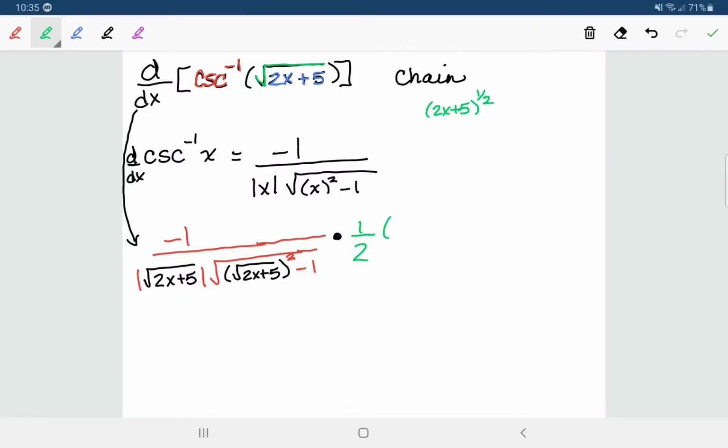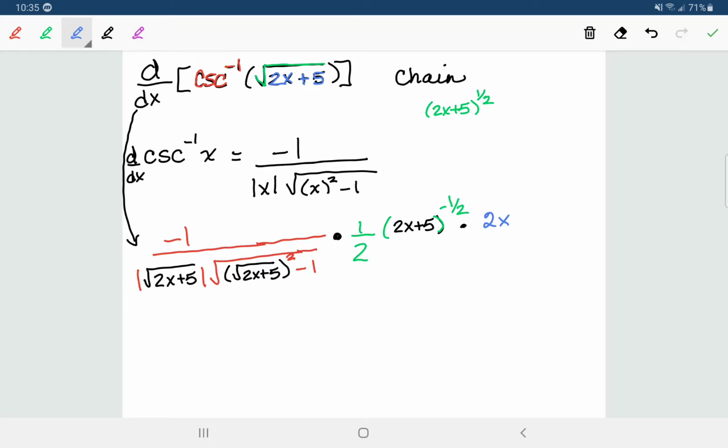Evaluate that at the inside function, which is 2x plus 5. All of that raised to 1/2 minus 1 is -1/2. And then lastly, we can differentiate the inside function. The derivative of 2x plus 5 is 2. Okay, so that is applying the chain rule.